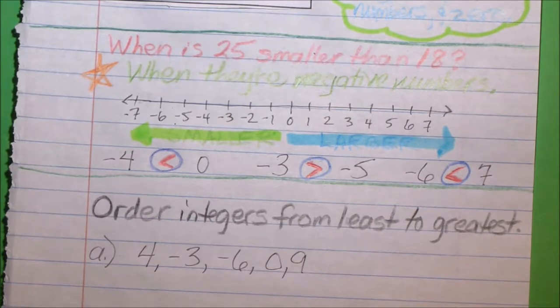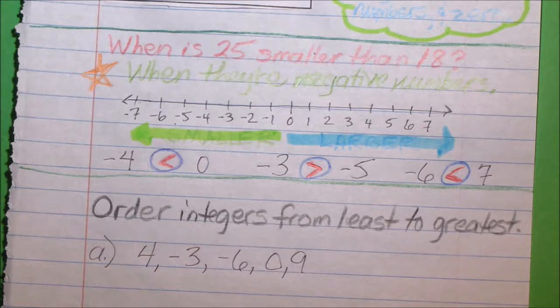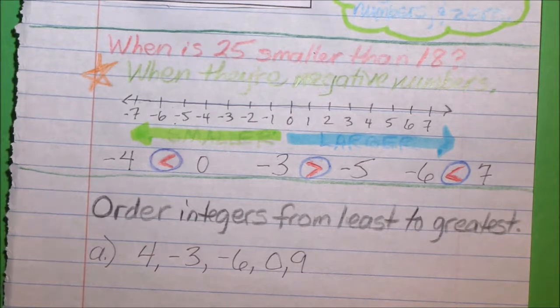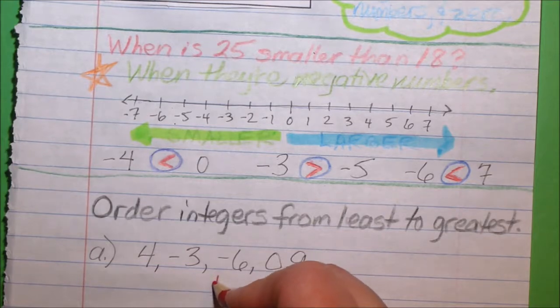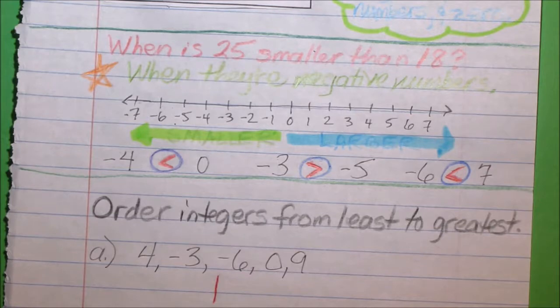Now, I often think when you're just beginning, it helps to separate your negative and positive numbers first. So I'm going to show you one way. Let's say right in the middle here is where we're going to put 0. Then on this side, I'll put all the numbers that are greater than 0 in order, and then all the numbers that are less than 0 in order.